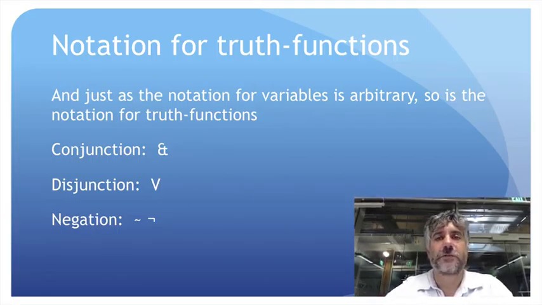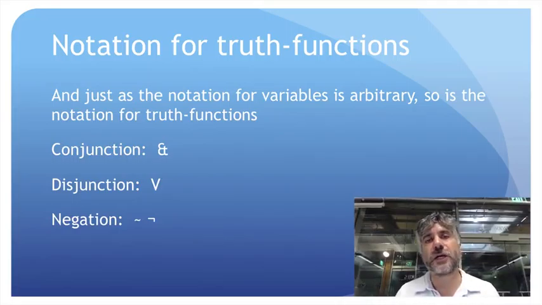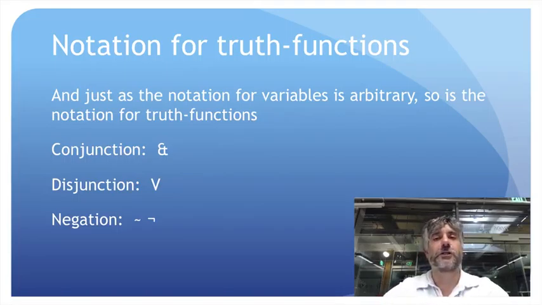These are two different ways of expressing negation. Now, again, there's nothing sacrosanct about this notation. There have been different notational systems that people have used. There's nothing better about this notational system. We just have to pick one and stick to it for the sake of consistency. So this is the one that we're picking, not for any good reason, just because we have to pick one. So in upcoming lectures, you're going to learn about disjunction and about negation, and when we talk about those truth functions, we're going to use the notation that you see here.